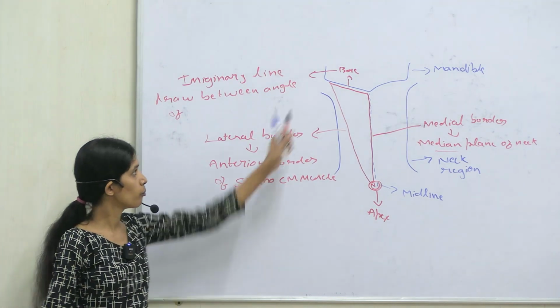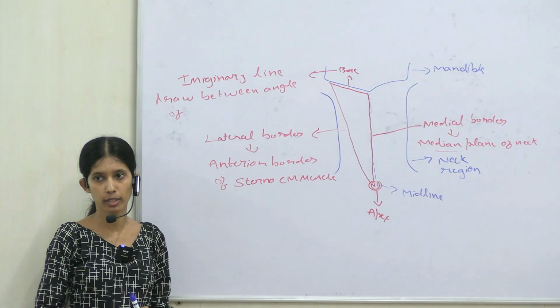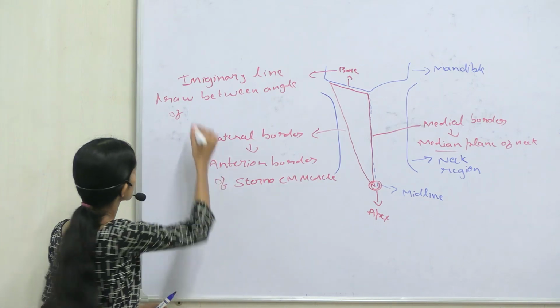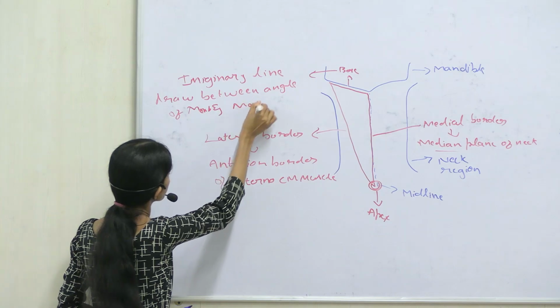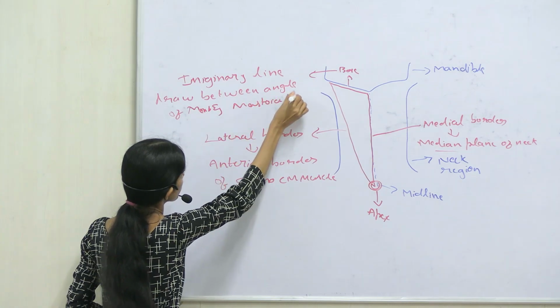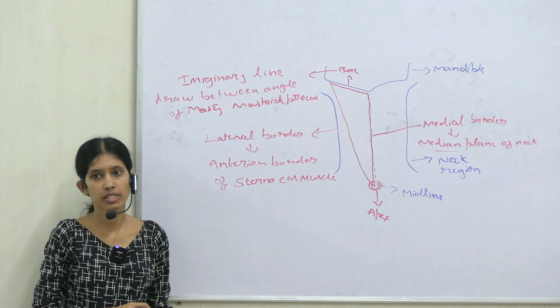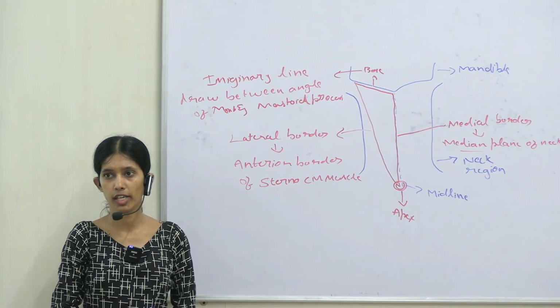Okay, so your base is the imaginary line between the angle of mandible and the mastoid process. Okay, mandible and mastoid process. These are the general boundaries present in your anterior triangle.